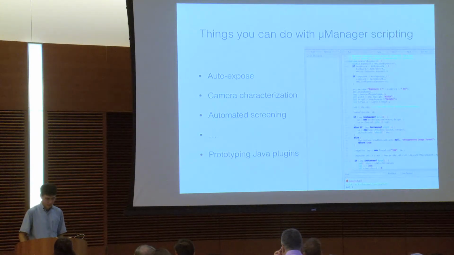People have done camera characterizations, determining the quantum efficiency. Automated screening experiments where you move around a stage and automatically determine which fields of view contain cells, for example. And also the scripting is, of course, a very good way of prototyping things that you might later want to turn into full plugins written in Java.